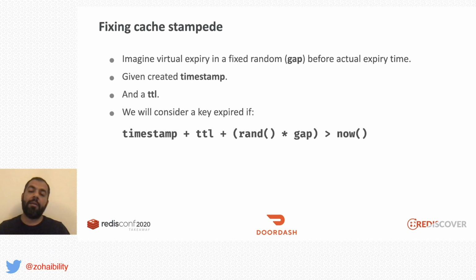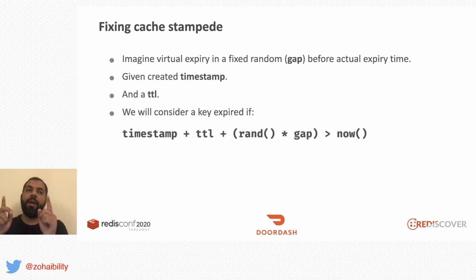And we're adding that number to cause this particular condition to be false from the client side. There's nothing fancy happening on Redis right now, but from the client side, we simulate it by doing a rand and multiplying it with the gap.